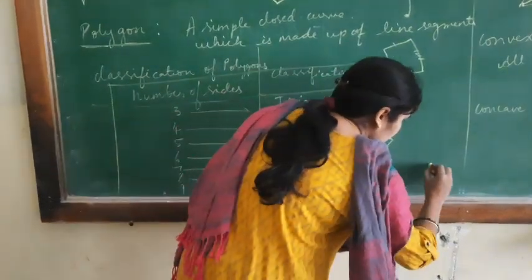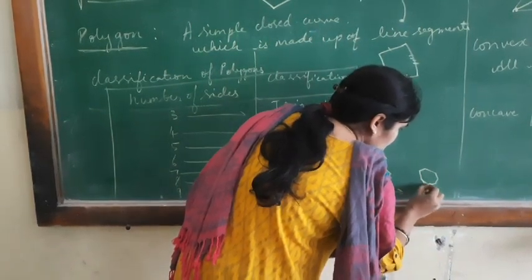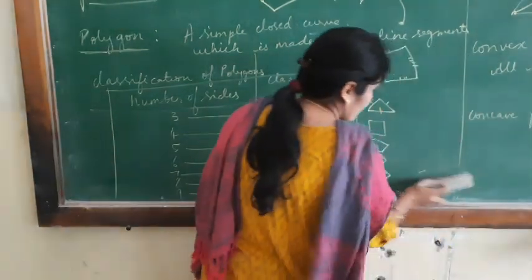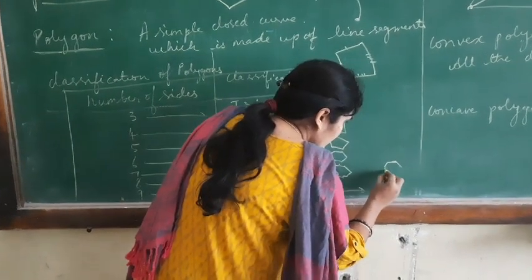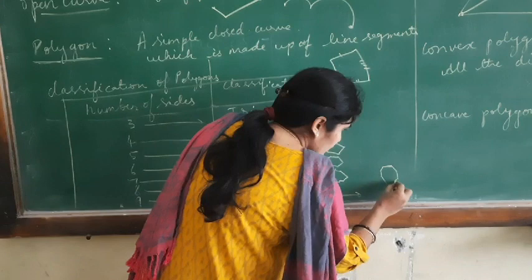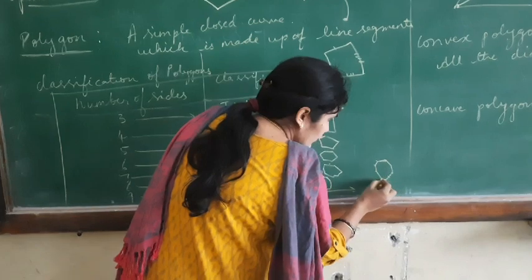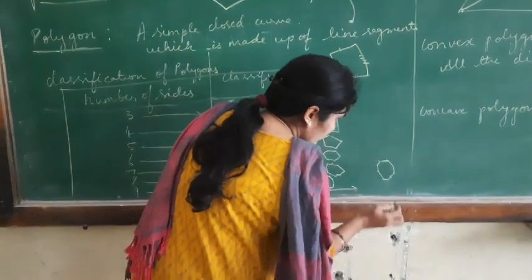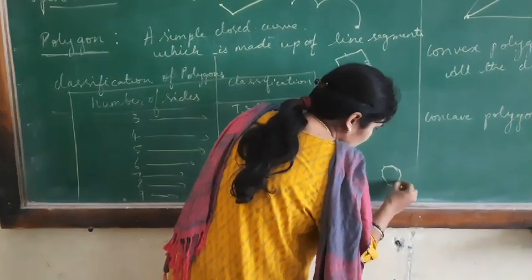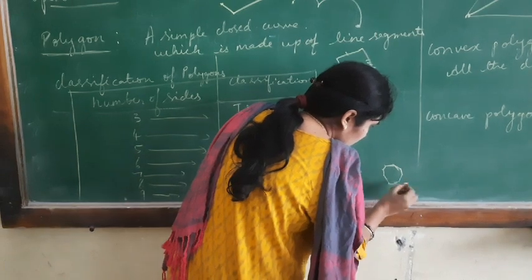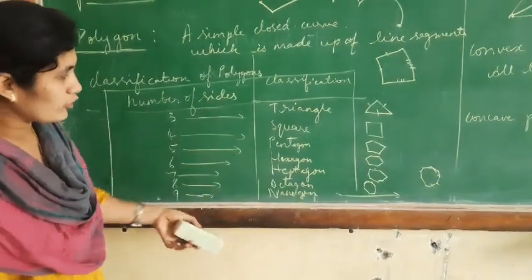It is a 9-sided polygon: one, two, three, 4, 5, 6, 7, 8, 9. So these are the classifications of polygons according to the number of sides given here.